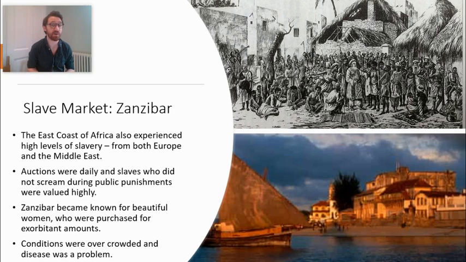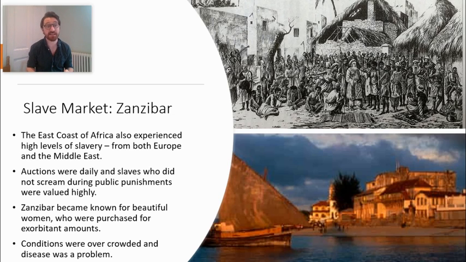We focused a lot on the west coast, but Zanzibar is an island just off the coast of Tanzania, which makes it interesting because it is accessible to Europeans via South African ports, as well as Middle Eastern people who can access it from the east. So you had east and western markets purchasing from Zanzibar, which created some of the highest numbers. And the Zanzibarian slave market is one of the most famous examples.